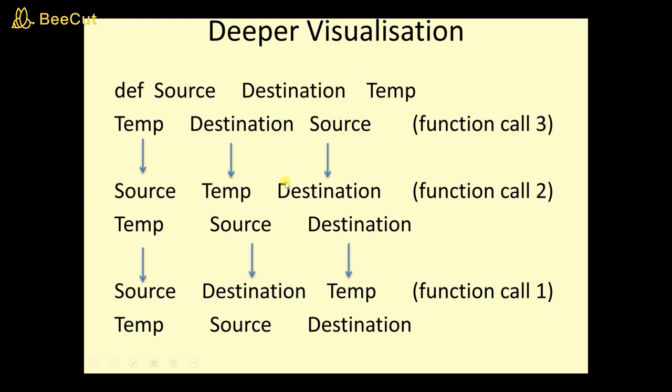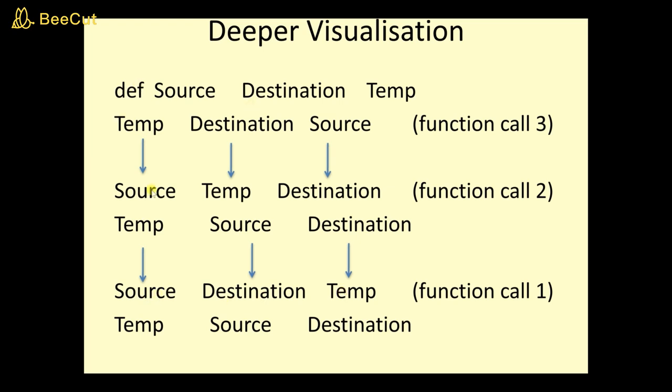So the order will be source, destination, temp, and these arguments were attached. And function call 3 will also rearrange itself: temp, source, destination. We will write it over here in this order as we got it from the previous process. The source, destination, and temp will be arranged in the same order as defined.